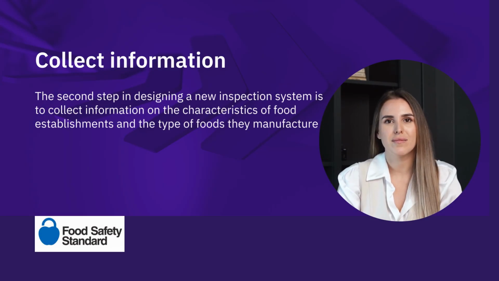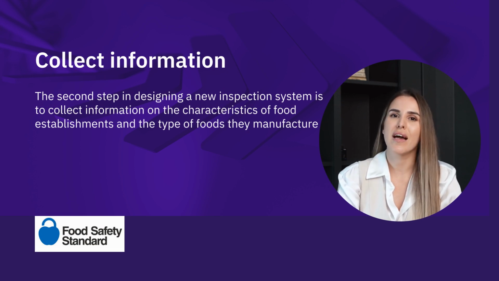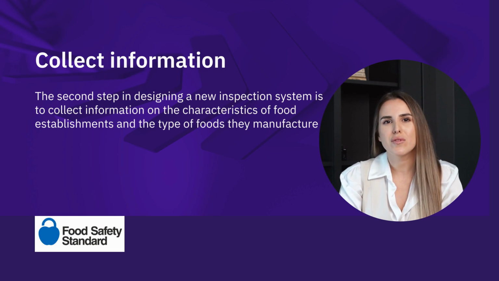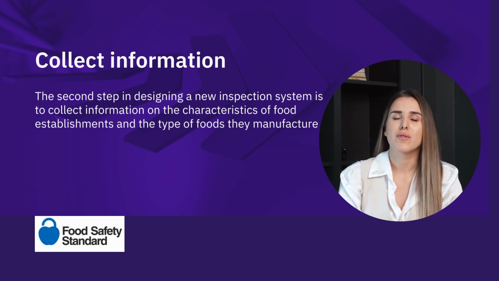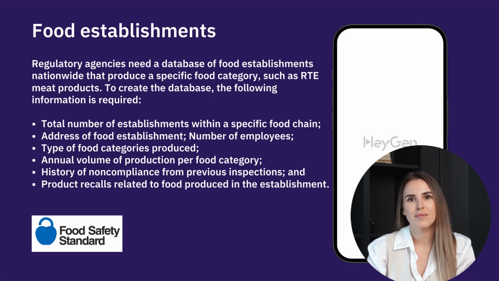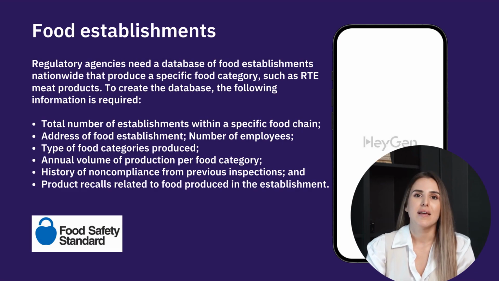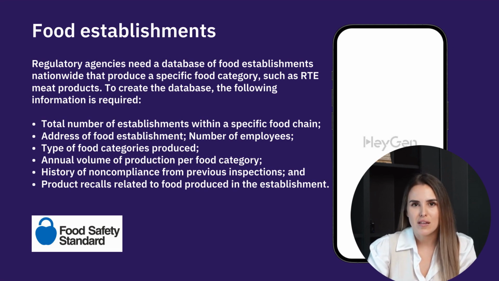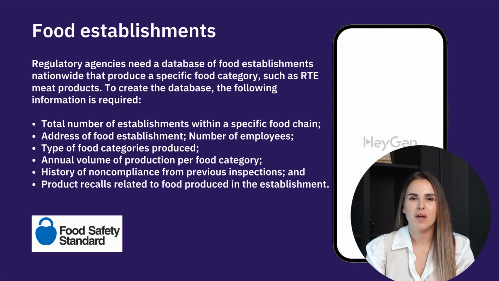Collect information. The second step in designing a new inspection system is to collect information on the characteristics of food establishments and the type of foods they manufacture. Food establishments. Regulatory agencies need a database of food establishments nationwide that produce a specific food category, such as RTE meat products.